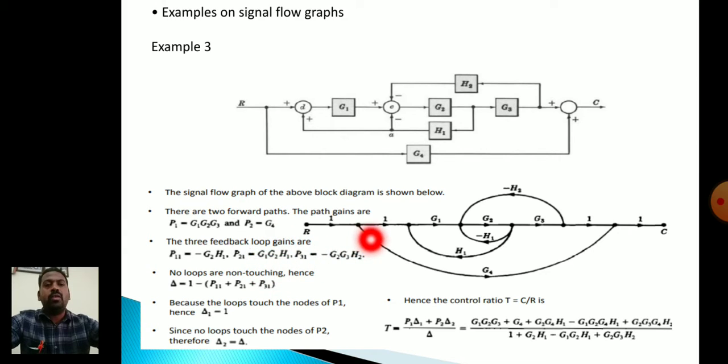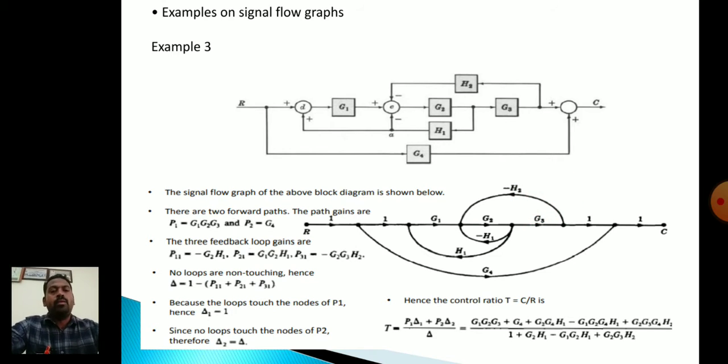For this forward path G4, the loop G2 G3 H2 is non-touching, so you have to take it. Delta 2 is 1 minus minus G2 G3 H2, that is 1 plus G2 G3 H2, that you have to add here.